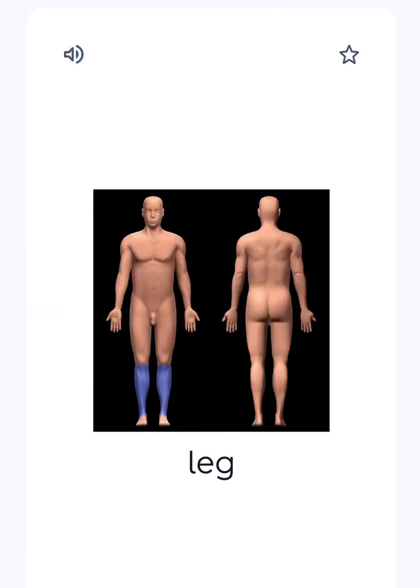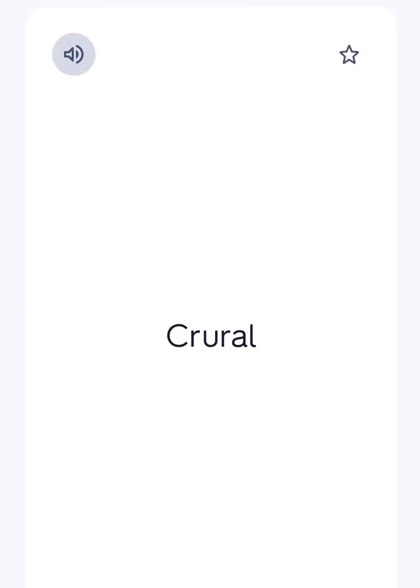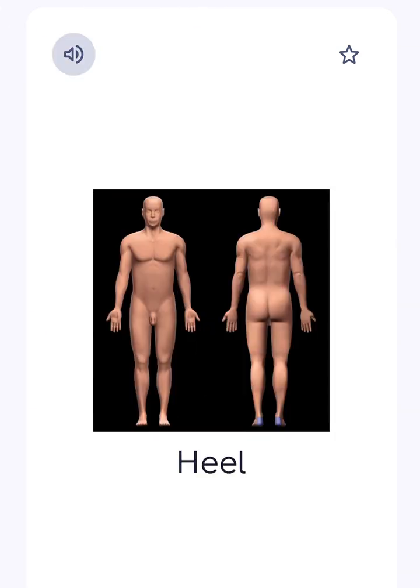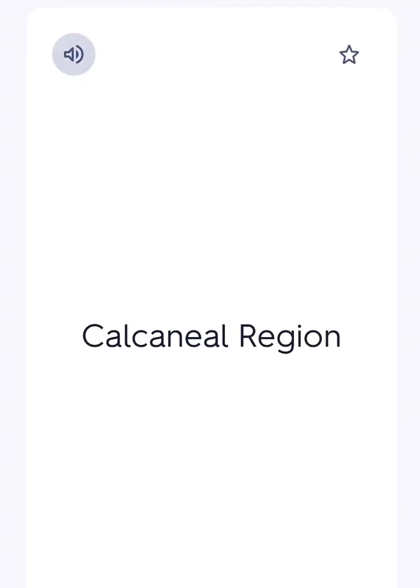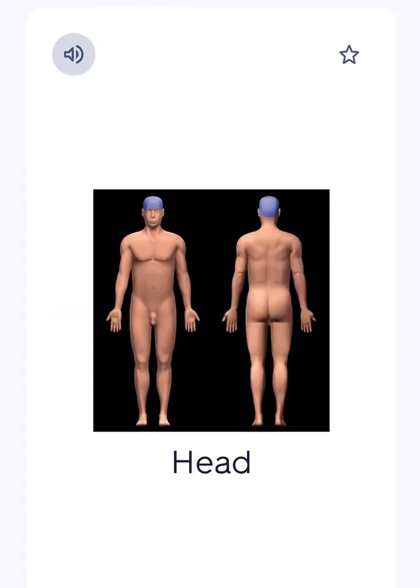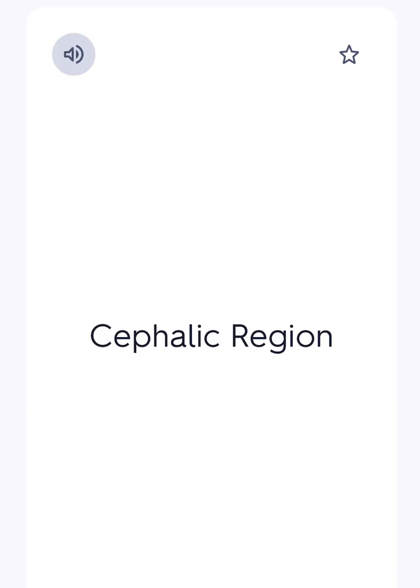Leg: crural. Heel: calcaneal region. Head: cephalic region.